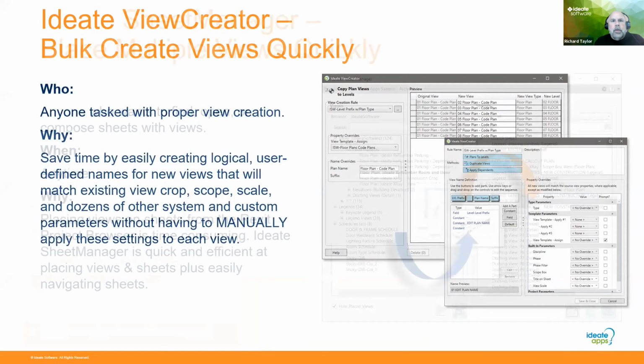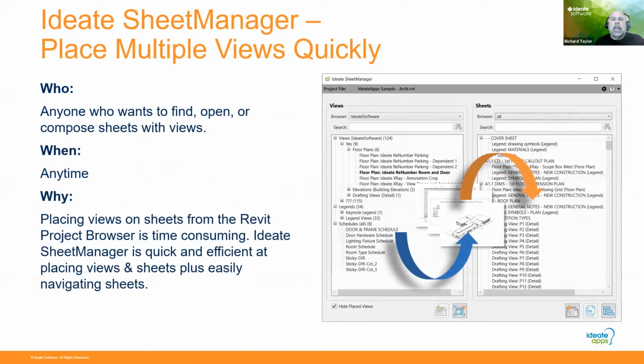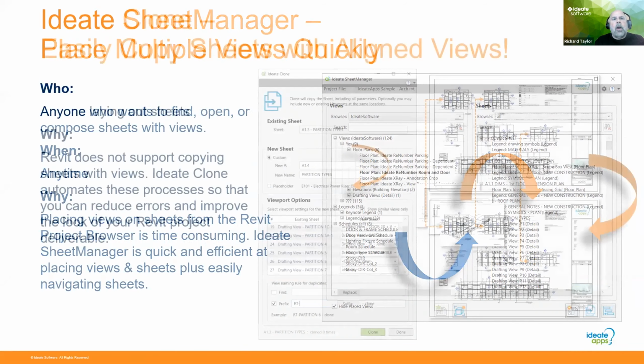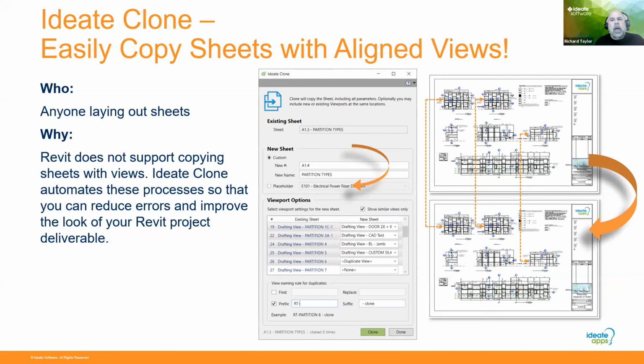That's our View Creator. Our Sheet Manager is allowing you to quickly assemble sheets, create new sheets, and drag and drop views between sheets. So I like to think of it as kind of the central traffic cop of sheets and views within Revit. And then our Ideate Clone allows you to copy sheets easily, because that is just not available in base Revit.